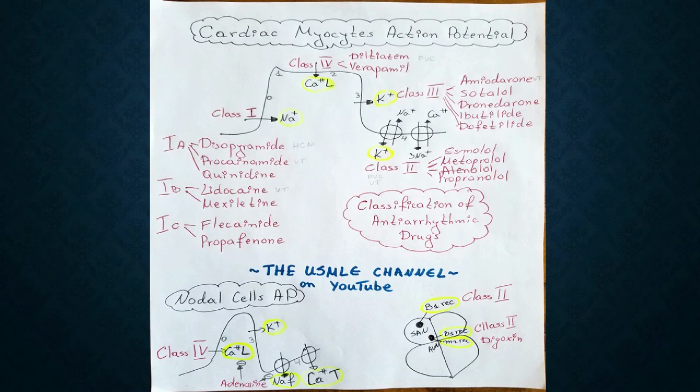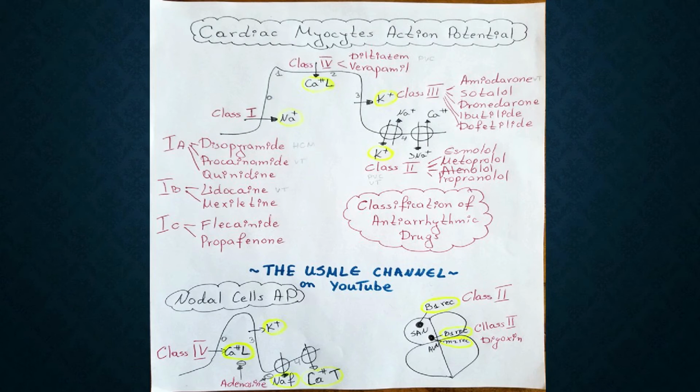Now looking at the cardiac myocytes action potential curve, you can see that the class 1 antiarrhythmic drugs decrease the slope of phase 0 by blocking the sodium influx, thus decreasing the depolarization of cardiac myocytes and slowing down the conduction. Now the drugs from class 1 are subdivided into 3 subclasses. The drugs in class 1A are disopyramide, procainamide and quinidine.